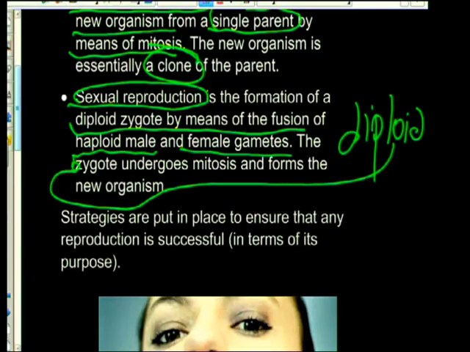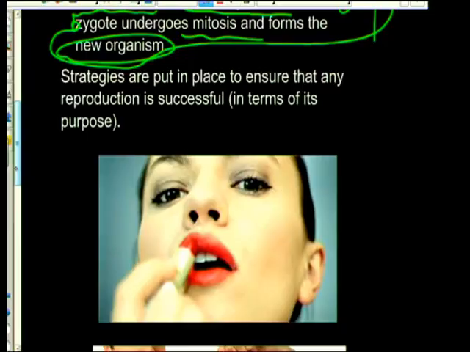And this diploid zygote then undergoes mitosis to multiply the number of cells it has and to grow. And that's how we get the new organisms from that.